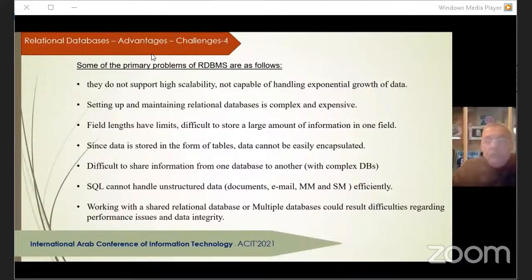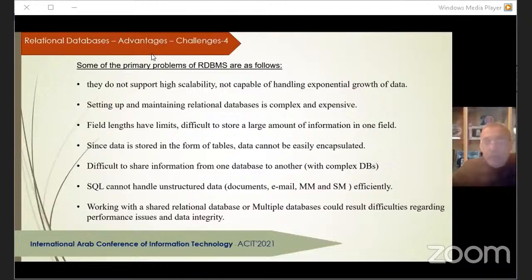There is some difficulty regarding storing large amounts of information in fixed length fields. Also, data cannot be easily encapsulated. It's difficult to share information from one database to another, especially with complex databases.